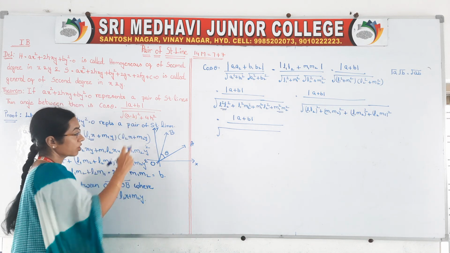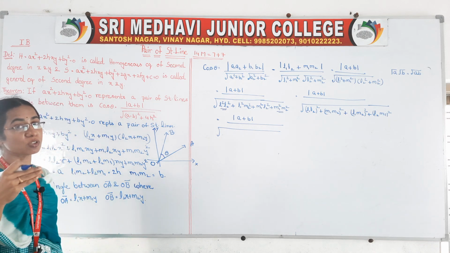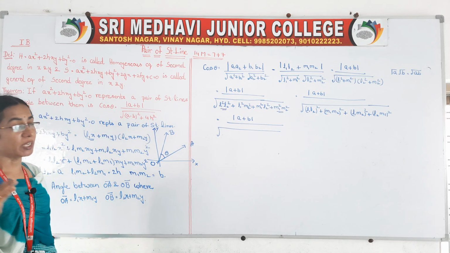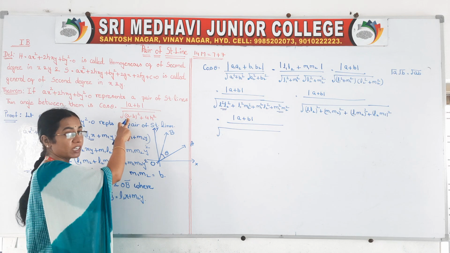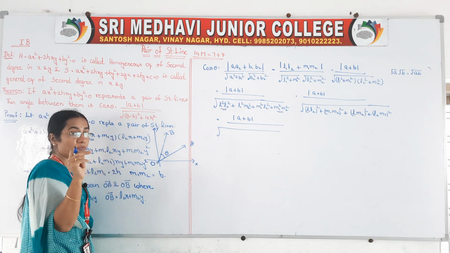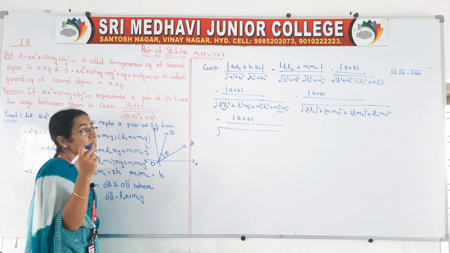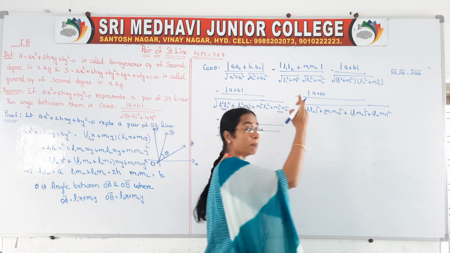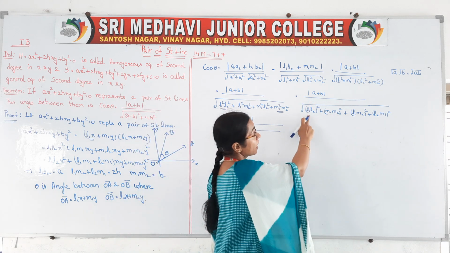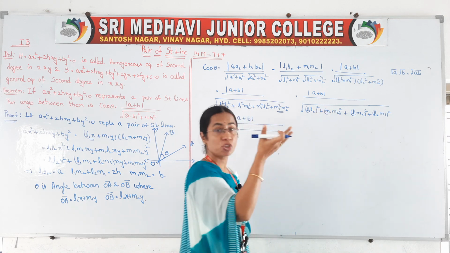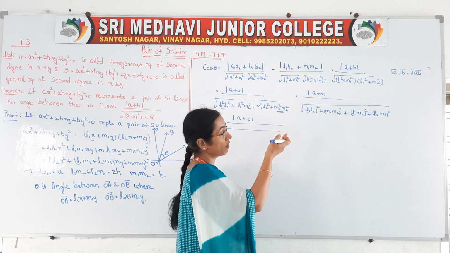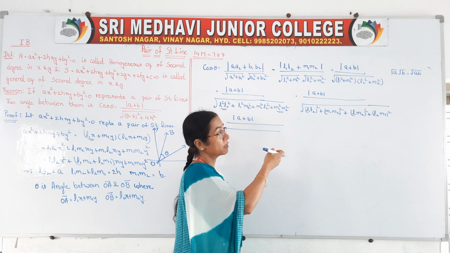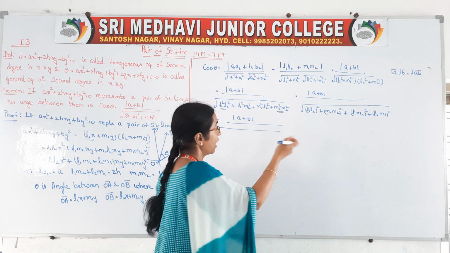A minus b whole square means a square plus b square minus 2ab, where a is L1 L2, b is M1 M2. So we need that value, just subtracting and adding that value.